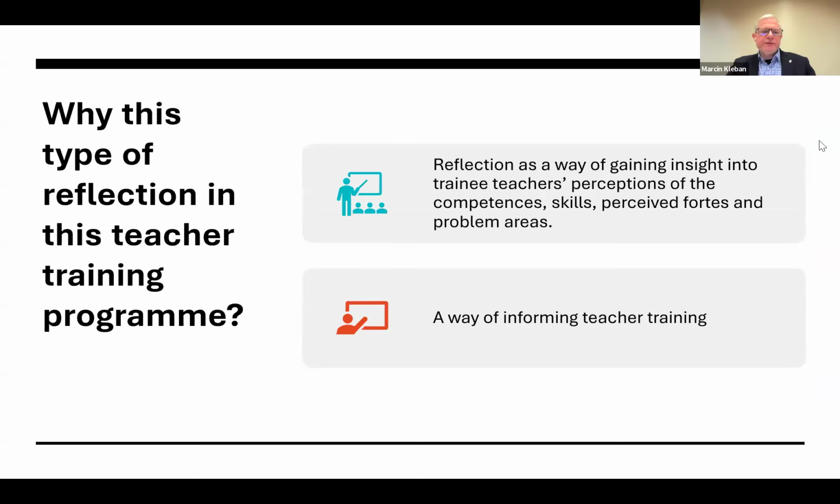So why this type of reflection in this teacher training program? Well, first of all, any kind of reflection, and especially this one, is a gateway, a way of gaining insight into trainee teachers' perceptions of their competences, skills, their perceived fortes, and problem areas. Without this kind of reflection, actually, the blog was quite revealing, because during classes we do not have too much time. This is a seminar, so students cover a number of areas.